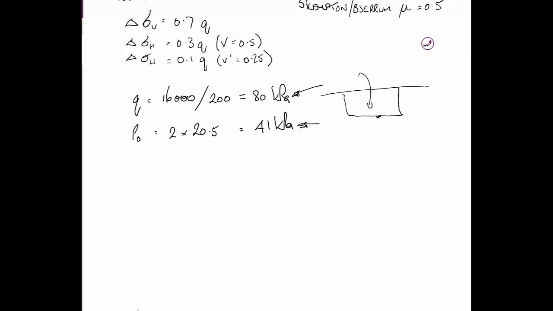It's experiencing an increase in stress, which we'll call the net foundation pressure. Remember, it already had 41 kPa acting on it, and we've stuck 80 on it. So the net foundation pressure equals 80 minus 41 equals 39 kilopascals. That's the additional load.